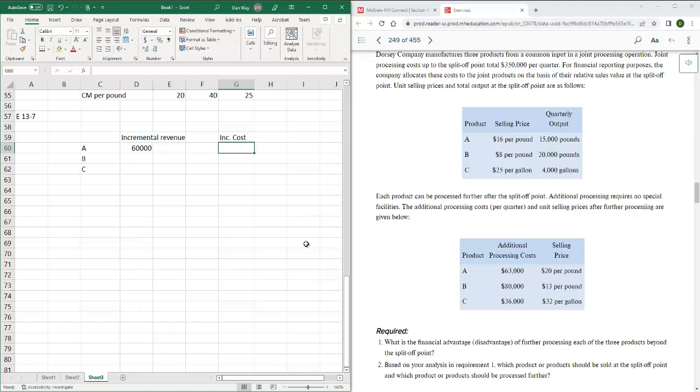So incremental revenue is $60,000. Incremental cost of doing the extra processing, though, it shows us, is $63,000. So the net is the difference between those. Right? And I'll keep signs for this one. So revenue 60,000 minus cost of 63,000. We've got a net of negative 3,000. That's the financial disadvantage of doing the further processing.